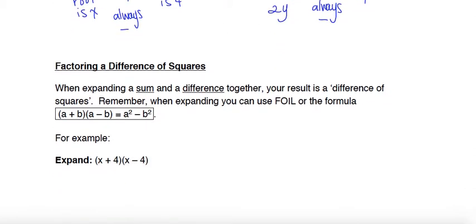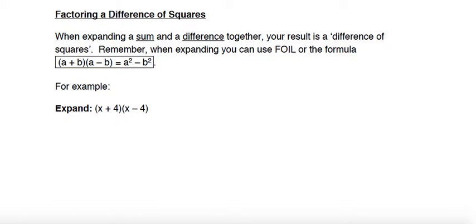Well, we have to remember about difference of squares in terms of foiling, factoring trinomials, and so on. When expanding a sum and a difference together, your result is going to be a difference of squares. So remember, when expanding, you can use FOIL or the formula a plus b times a minus b equals a squared minus b squared.